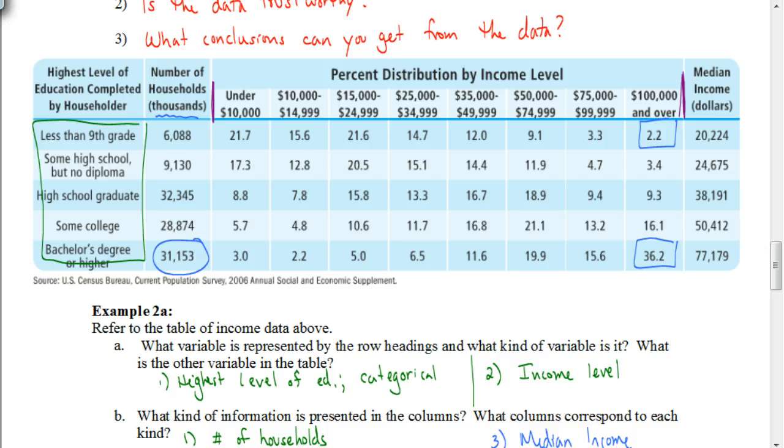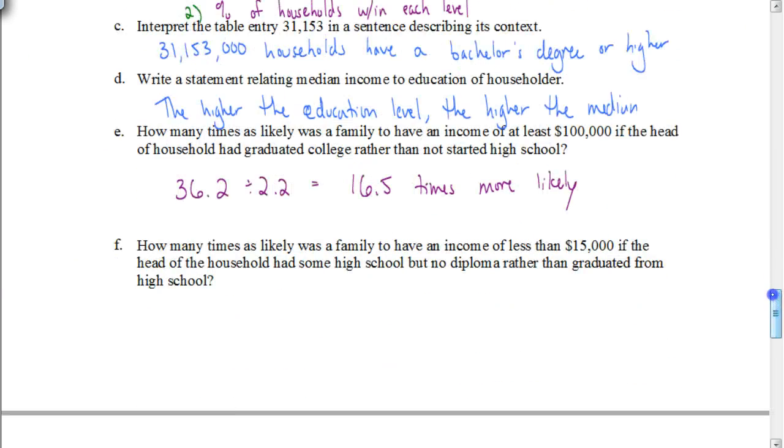I'm looking at this data because these are the numbers less than $15,000. And it's asking me to compare some high school but no diploma rather than graduated from high school.